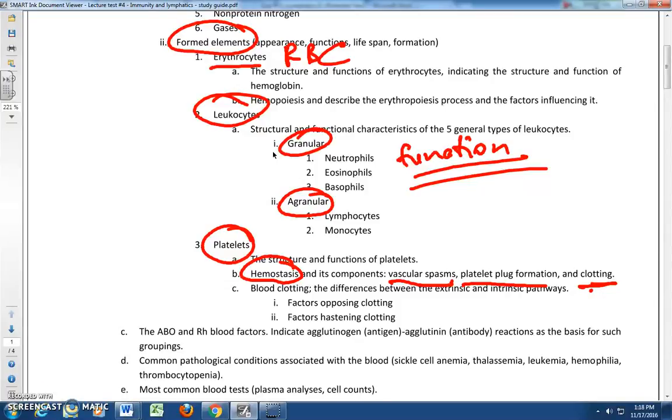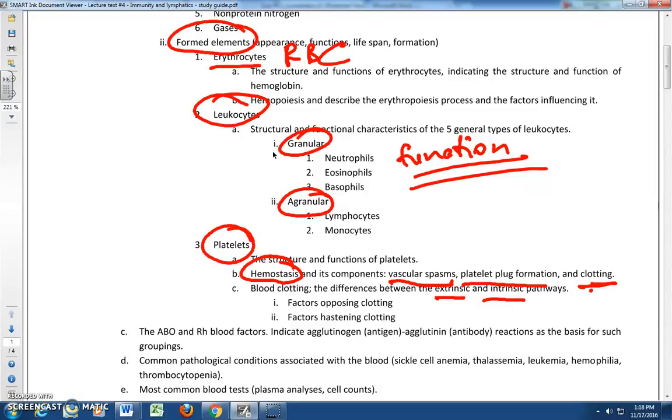Without clotting, will that plug be stable? No. That plug will be unstable unless clotting factors, via intrinsic and extrinsic pathways, stimulate clotting, leading to formation of the fibrin mesh. So for the clotting, know the pathway.